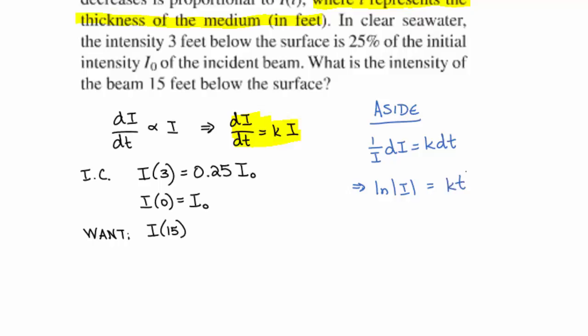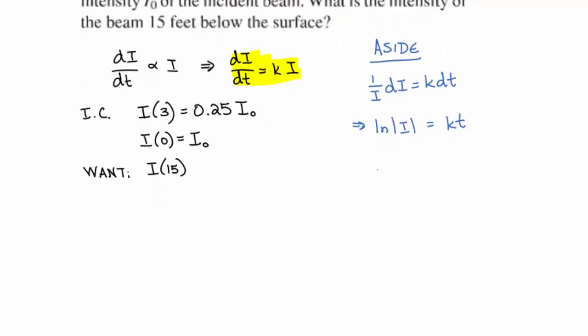Remember, t is thickness. And there is a plus c sub 1 here. Raise both sides base e, you get the absolute value of I is equal to e^(kt + c1), and I'll break that into two exponentials, e^(kt) times e^(c1), and e^(c1) is just another constant, so I'm going to call that c2, e^(kt).